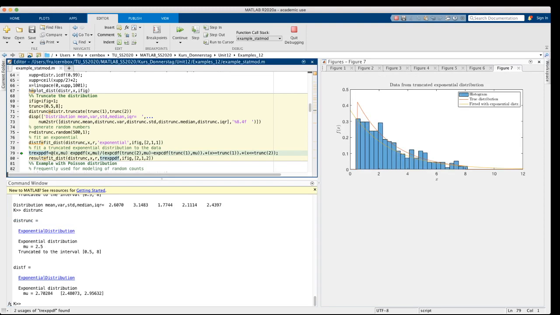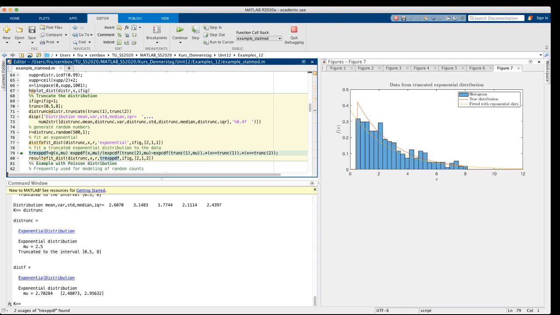We see the true PDF of the truncated distribution in red and the fitted exponential PDF, the yellow line. And of course we see the fit is not very good, especially at the lower end of the distribution.